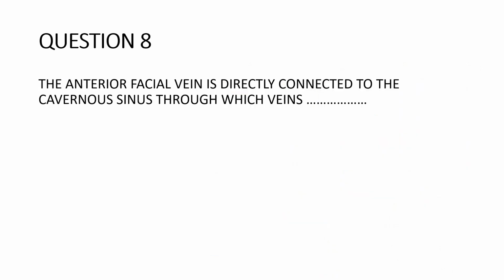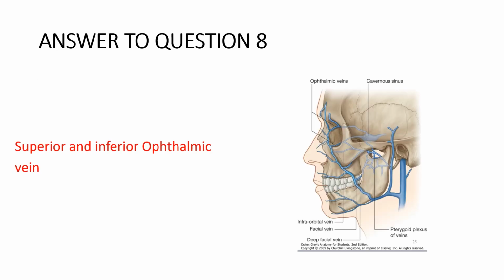Question 8. The anterior facial vein is directly connected to the cavernous sinus through which veins? Looking at this diagram, the anterior facial vein has connections with the cavernous sinus either directly or indirectly. First, let me show you where the anterior facial vein is. Just follow my cursor, coming down.